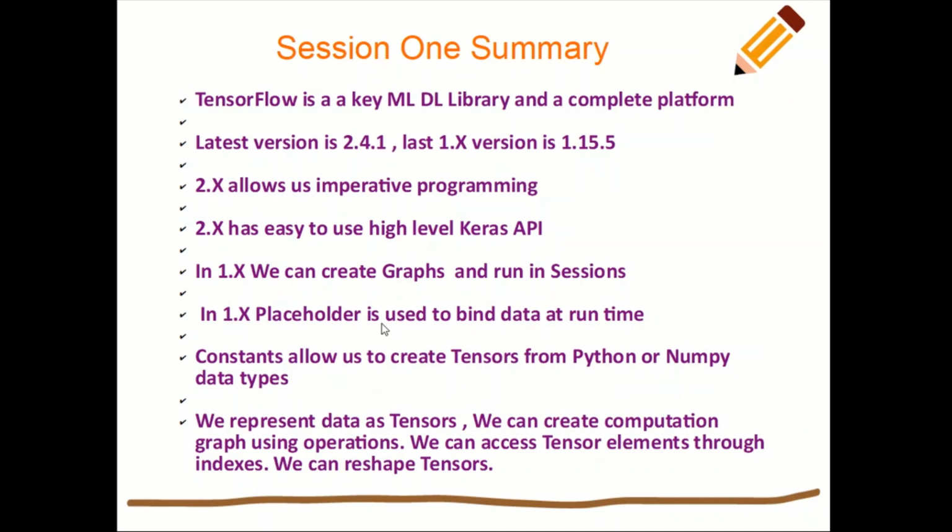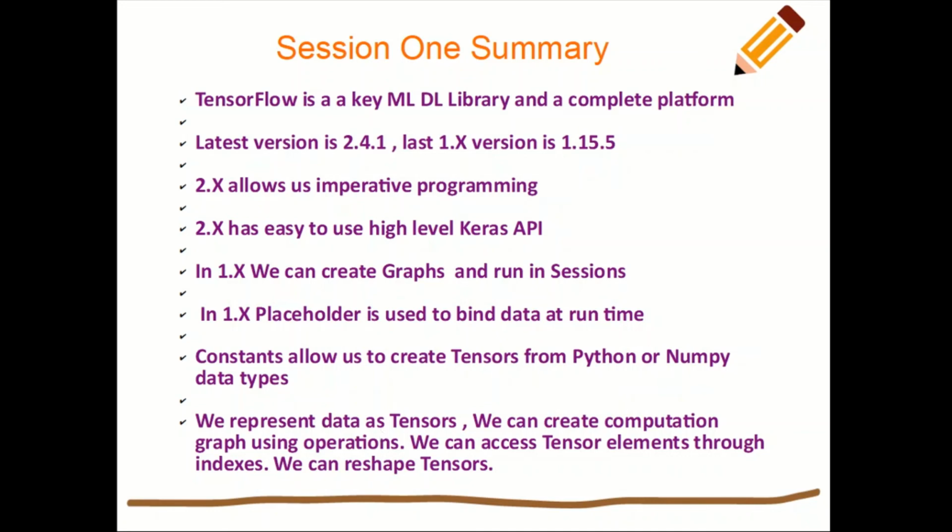In 1.x, placeholder is used to bind data at runtime. In 2.x, you don't need it. Constants allow us to create tensors from Python or NumPy data types, and the names are consistent. And then we represent data as tensors. Data could be of different shapes, so tensors also could be of different shapes and can have multiple dimensions.